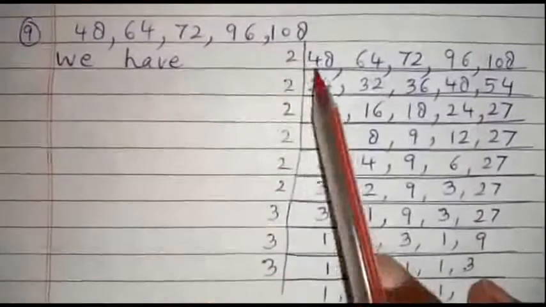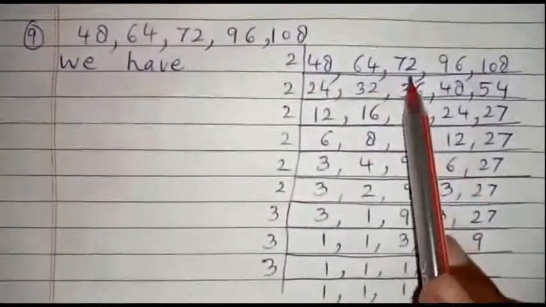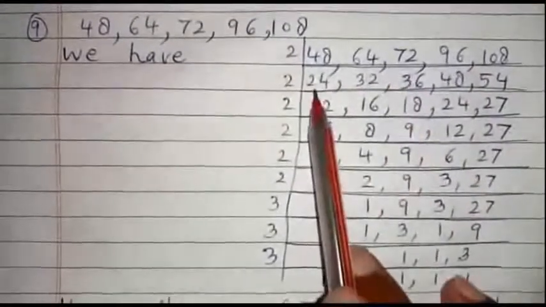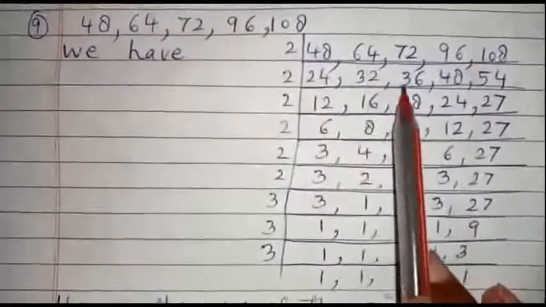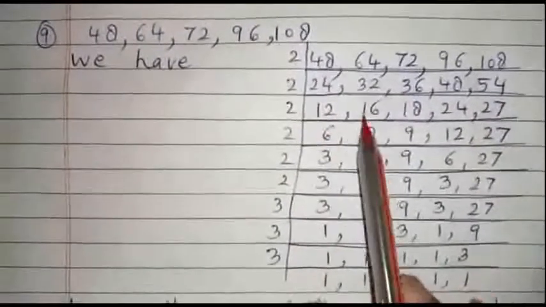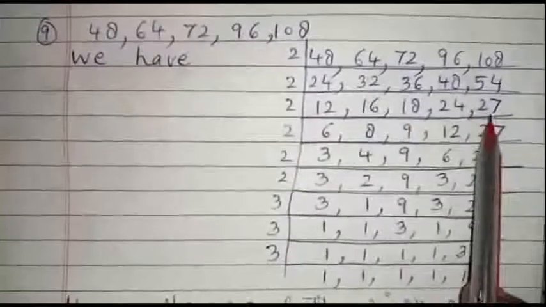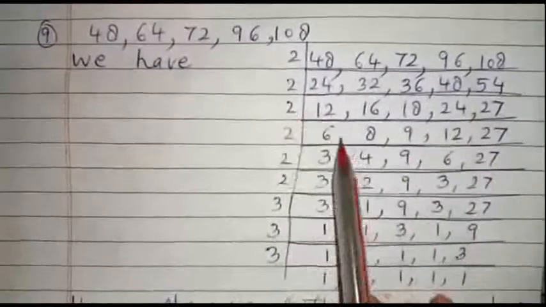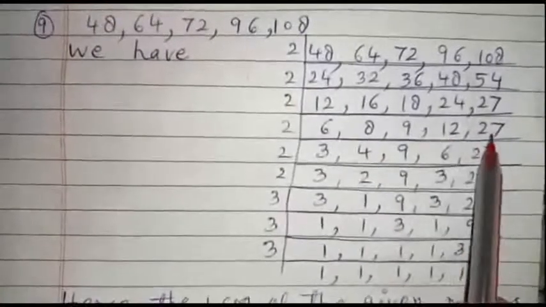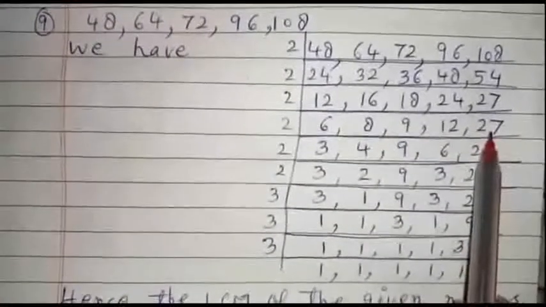We have 48, 64, 72, 96, 108 divided by 2. All numbers will get 24, 32, 36, 48, 54 divided by 2, 12, 16, 18, 24, 27 divided by 2, 6, 8, 9, 12, 27, because 27 is not divisible by 2.